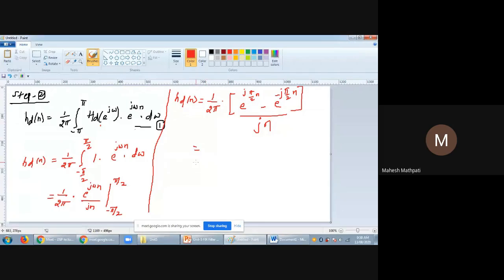This equals e power j pi by 2 n minus e power minus j pi by 2 n divided by 2j, into 1 divided by n.